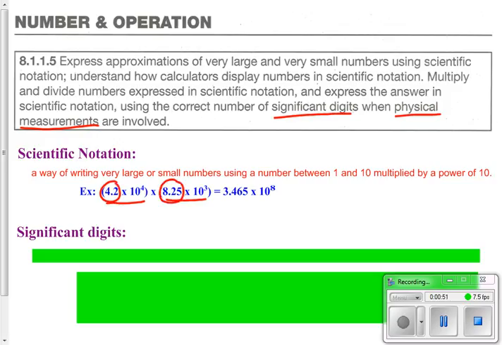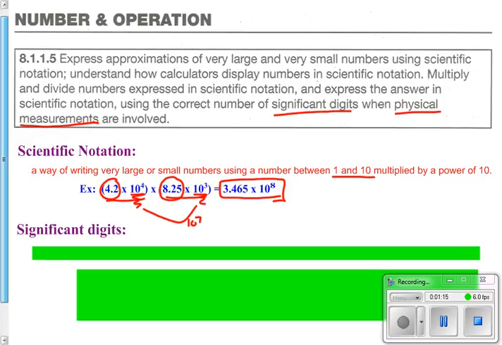Once you multiply the numbers, you add your exponents. So 10 to the 4th times 10 to the 3rd gives you 10 to the 7th. Well, 4.2 times 8.25 gives you a number that is larger than 10. So in the end you wind up with 3.465 times 10 to the 8th.